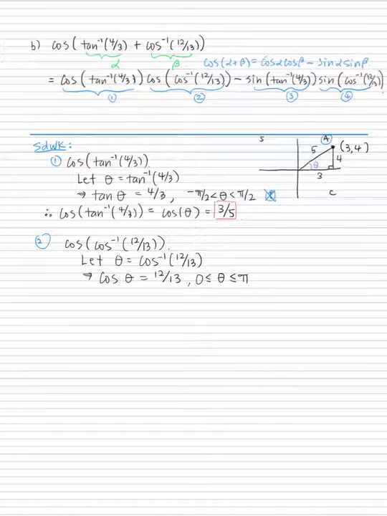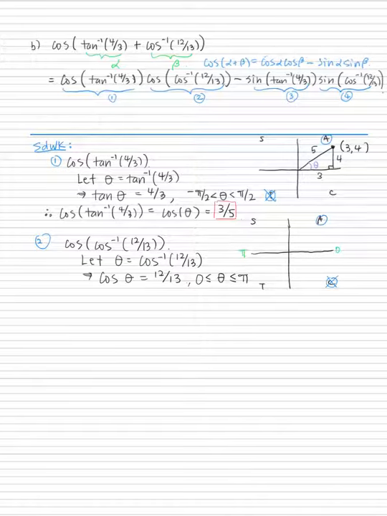Okay, picture time. All right, now cosine is positive in quad 1 or in quad 4. However, since theta is between 0 to pi, do you see quadrant 4 is going to be out, and our angle theta is going to lie in quadrant 1.